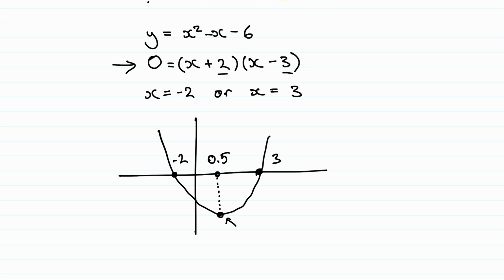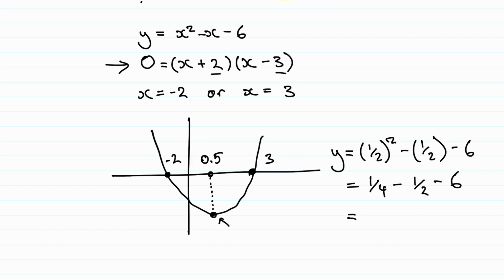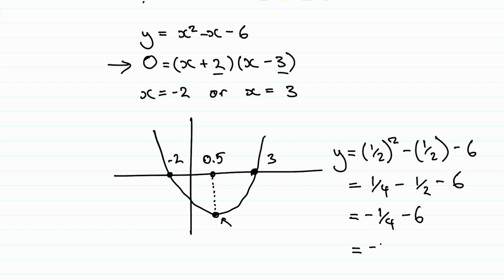So if you were to do that, you'd get something like y is a half squared minus a half minus 6, which would be a quarter minus a half minus 6. And a quarter minus a half would give you minus a quarter minus 6. So you should be able to see then that we get minus 25 over 4.